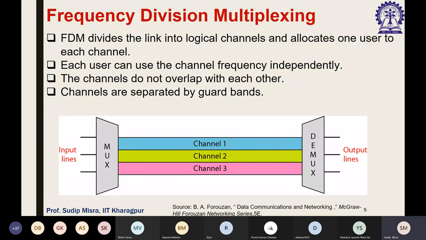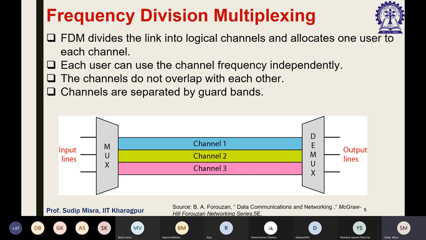So every user is going to be allocated a separate channel. This user can use the frequency range of that channel independent of the channels being used by the other users.